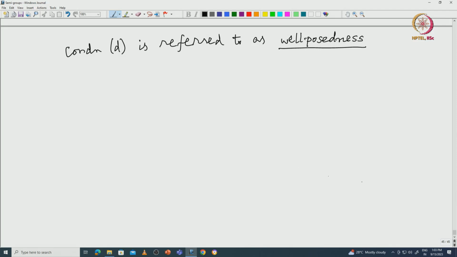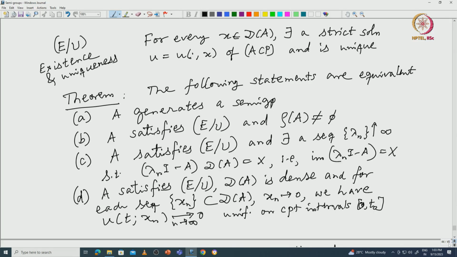Here the data is this initial condition. So when that initial condition tends to 0, we want the solution also to tend to 0, but with some uniformity condition. So compared to condition B, condition C and condition D are somewhat simpler.